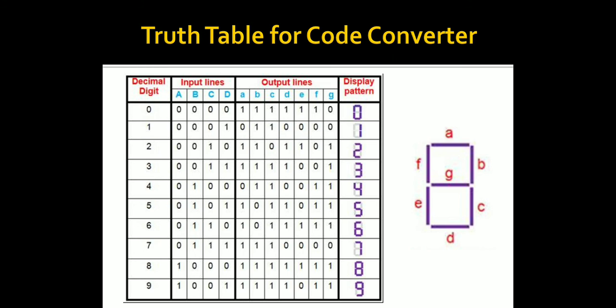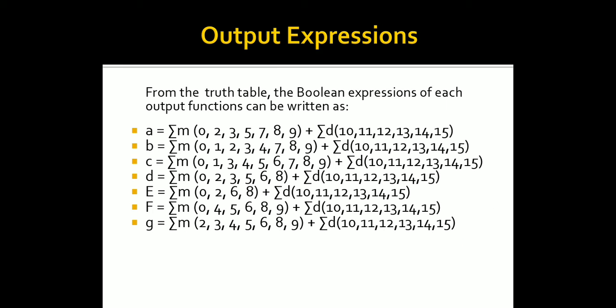Now we see that these are the output expressions, small a, small b, small c up to small g. This is the summation of these terms which are written in between. After that we will write summation d from 10 to 15, because we know that in case of BCD number the representation is only from 0 to 9, but in case of 4 bits it is 2 raised to power 4, that means 16 numbers, from 0 to 15.